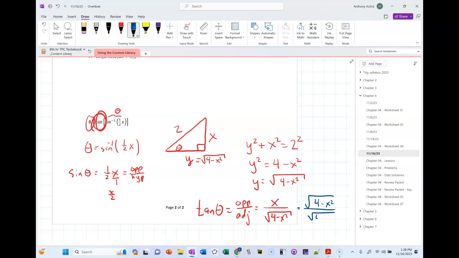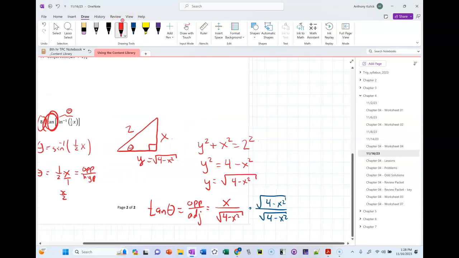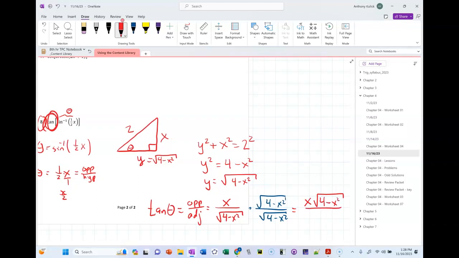So just multiply the top and bottom by root 4 minus x squared. And that'll do her.